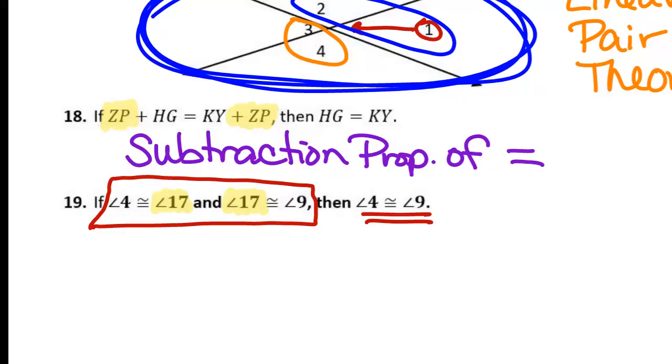This is like a $1 bill is the same as 4 quarters. 4 quarters is the same as 10 dimes. So a $1 bill is the same as 10 dimes. That's basically what this is saying, right? The first thing is the same as the second. The second thing is the same as the third. So the first and the third are the same as each other. Kind of feels like substitution, except I got these congruent symbols. Transitive property.